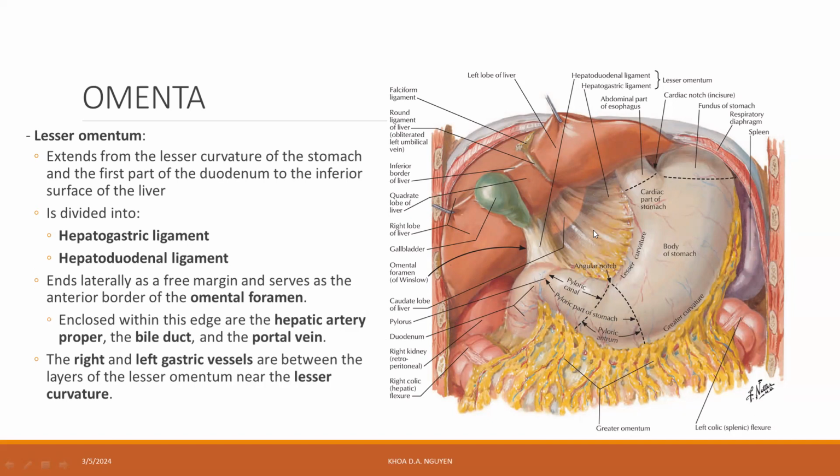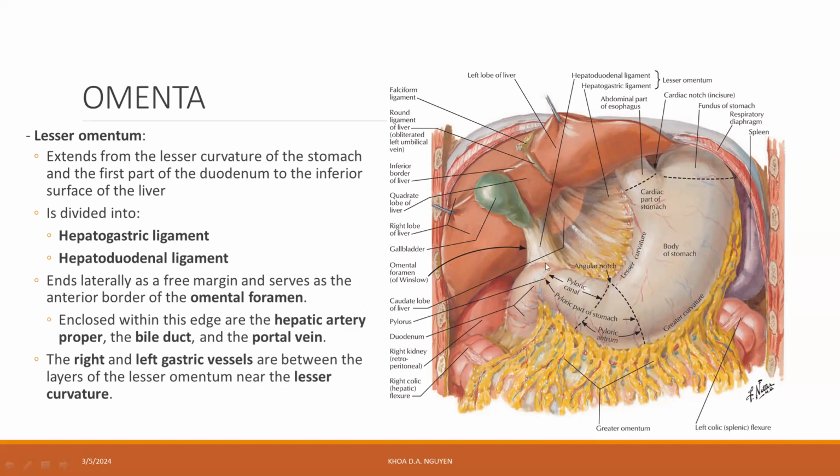Now, it ends laterally here as a free margin. And in that free margin, vessels are going to course within it, okay? You have the hepatic artery proper, the bile duct coming from up here, as well as the portal vein that are going to be running within this free edge over here of the lesser omentum.